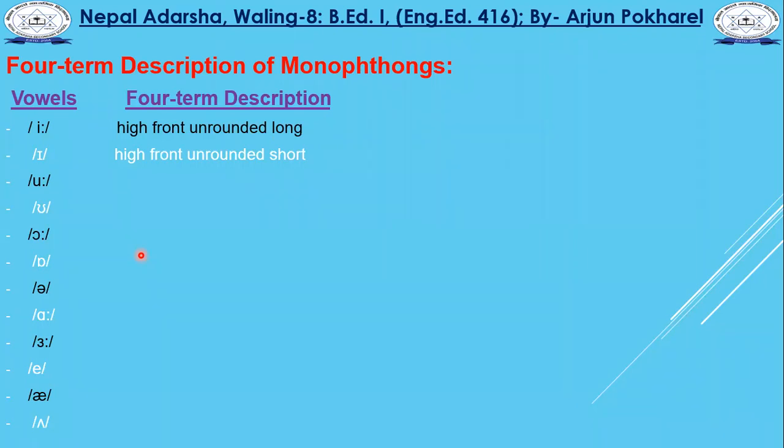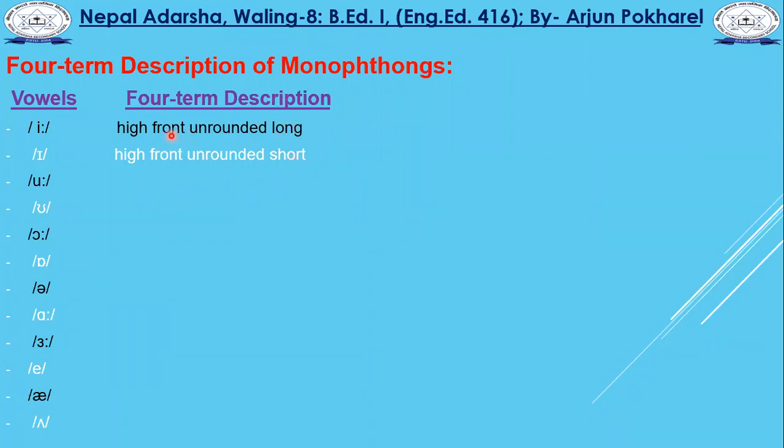The question may ask you to list out the 12 vowels, 12 monophthongs of English, and you have to give the 3 term or 4 term description. Sometimes 3 term description is also asked. When you have to give 3 term description, then at that time you leave this long short.